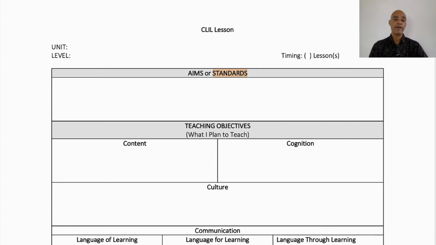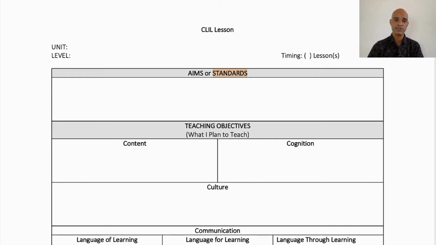Aims can derive from standards or frameworks, or if you're working in a more independent educational setting where you get to have more power over your curriculum, then you could, with a group of teachers and qualified educators, specify what your aims are. Again, each case is a case. We added aims or standards here so that you can start from whichever is used in your setting or situation.